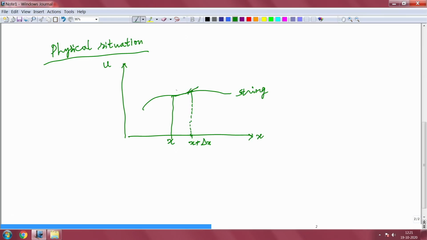They act along the tangent to the string, call it T, and then you apply Newton's second law, which is mass times acceleration, and that gives you the del square u by del t squared term, and the force gives you the del square u by del x square term, and that is how you derive the wave equation.